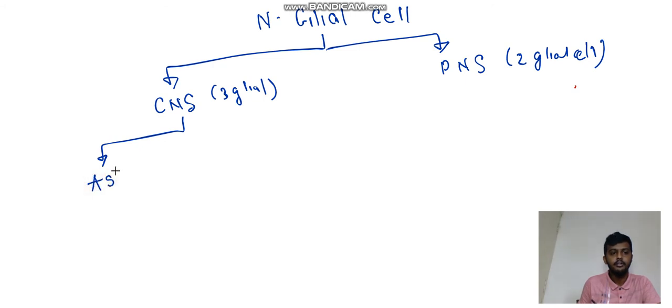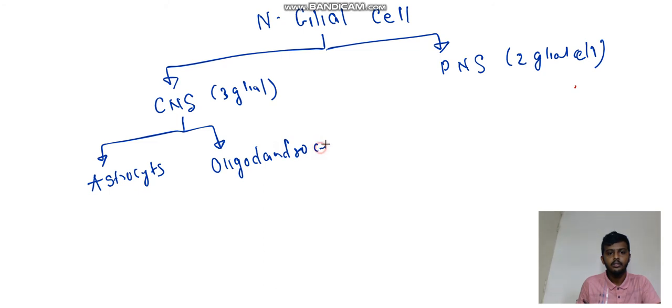In the central nervous system the three glial cells are astrocytes, second is oligodendrocyte, and the third is microglial cell.